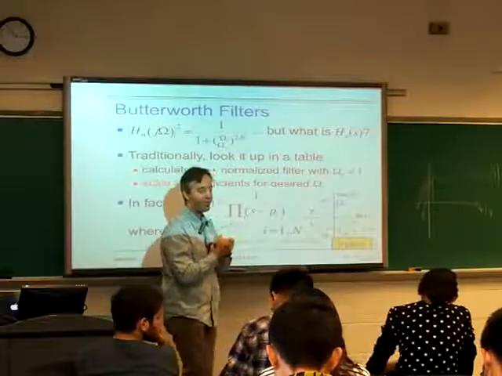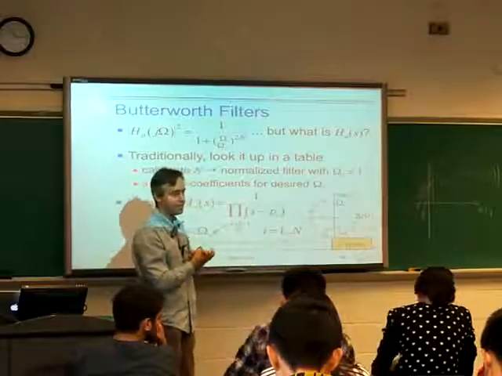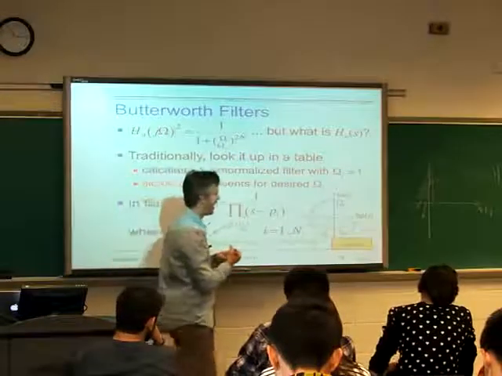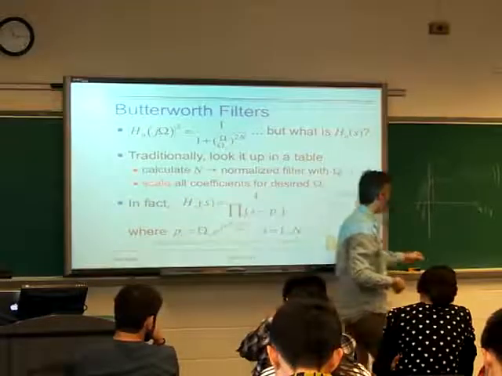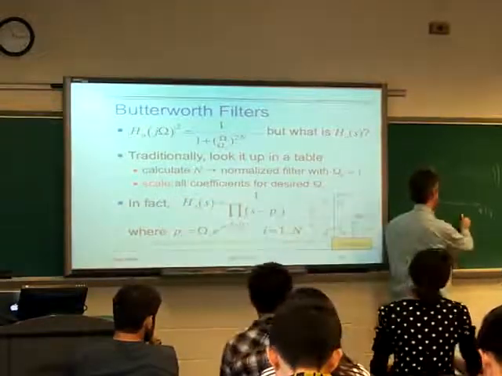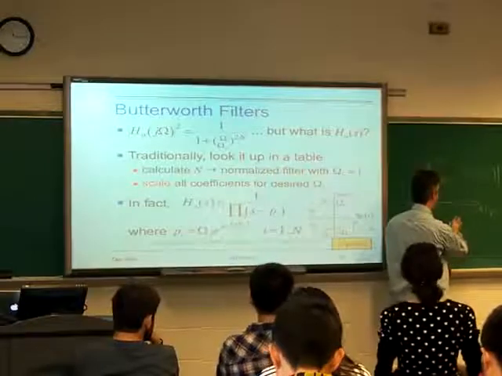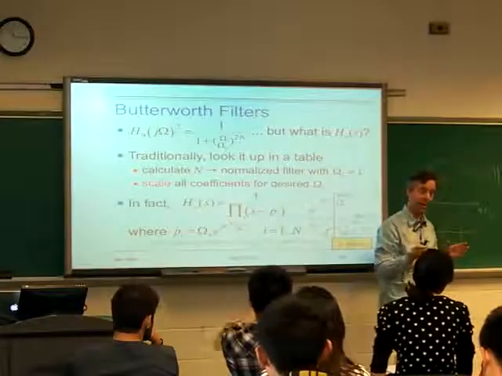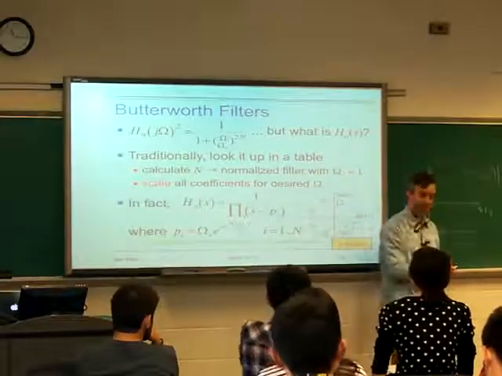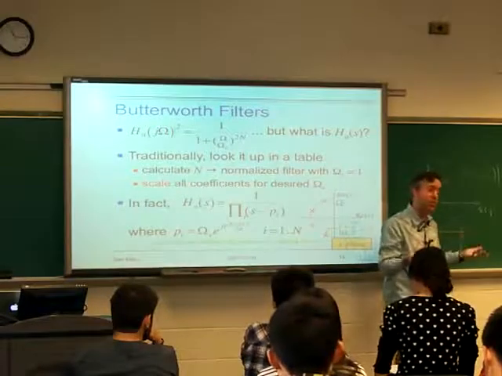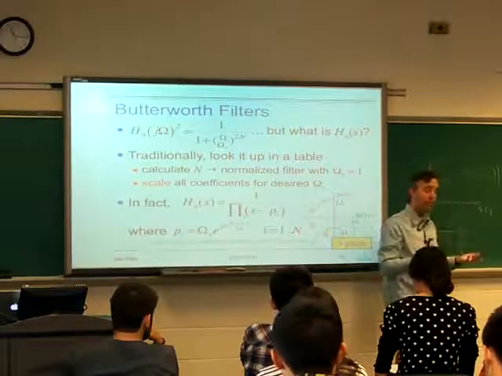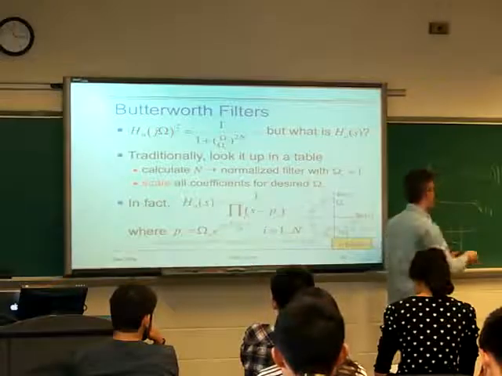Yeah? Can you just repeat what is the number of poles? Right. So the basic thing is we want the Butterworth. We're saying, okay, the interesting thing about Butterworth filters is they fall on a semicircle like this. And we want them to be sort of symmetric, and it turns out they're uniformly spaced on this semicircle.